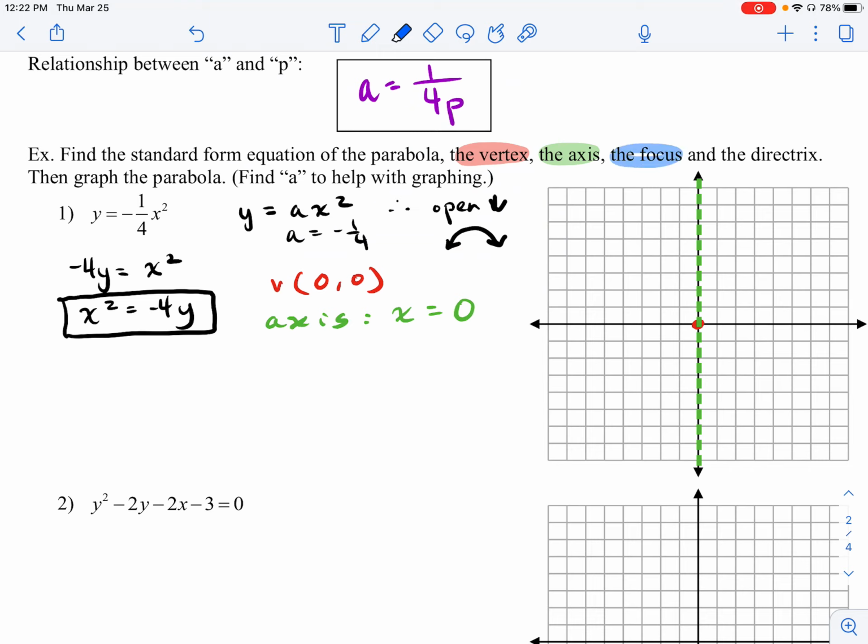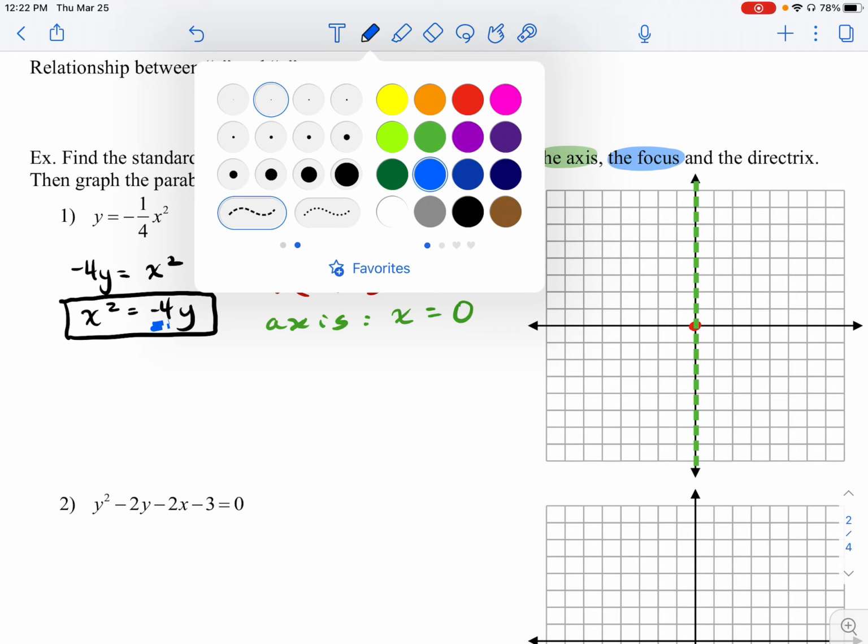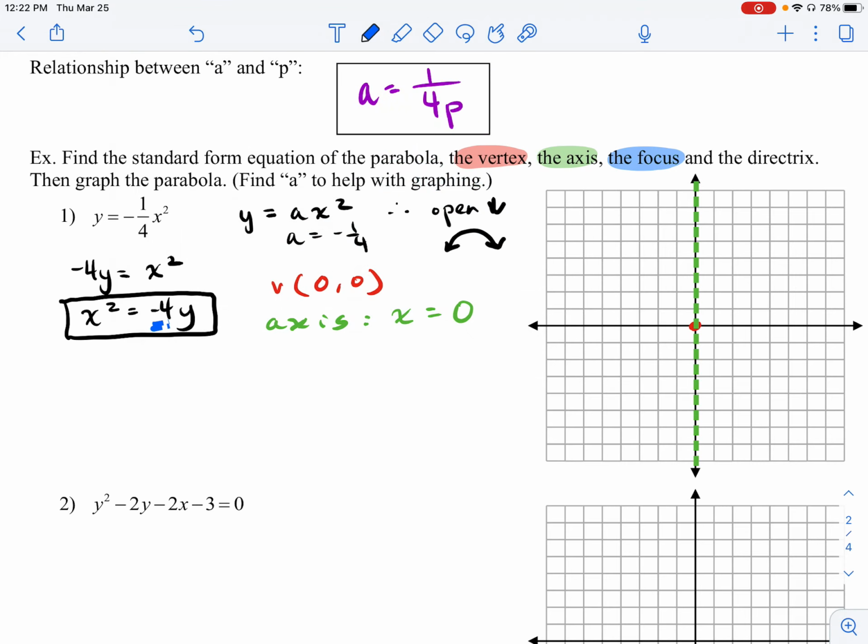What about the focus? What do we know about the focus? Well, to know where the focus is, we need to know what our p-value is. We can see here that -4 is going to represent our 4p. So -4 is equal to 4p. That means p is equal to -1.